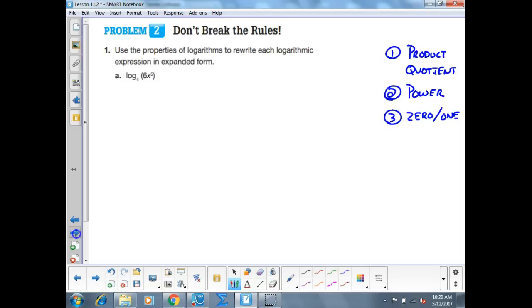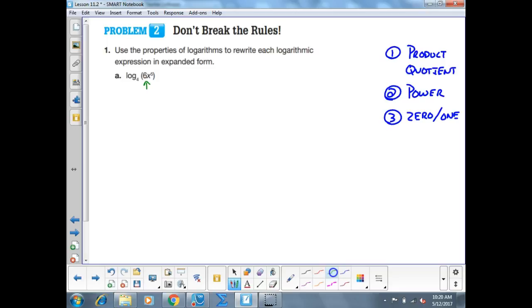So, my question to you is this. What's going on right there? Multiplication, right? Is that product or quotient? Product, right? So I've got to apply my product property.